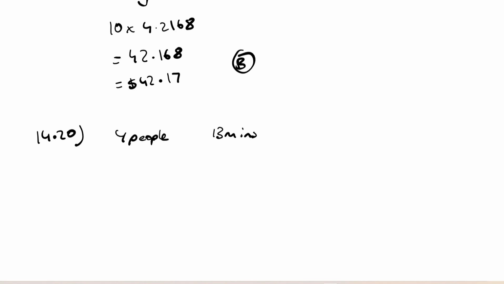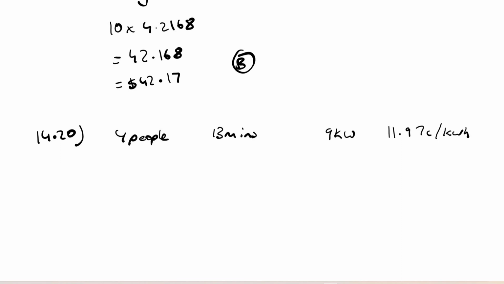And the household uses 9 kilowatt hot water units. That's 9 kilowatts. Let's write that down. Electricity is charged at 11.97 cents per kilowatt hour. What is the electricity cost for the hot water used by the household in 1 week?